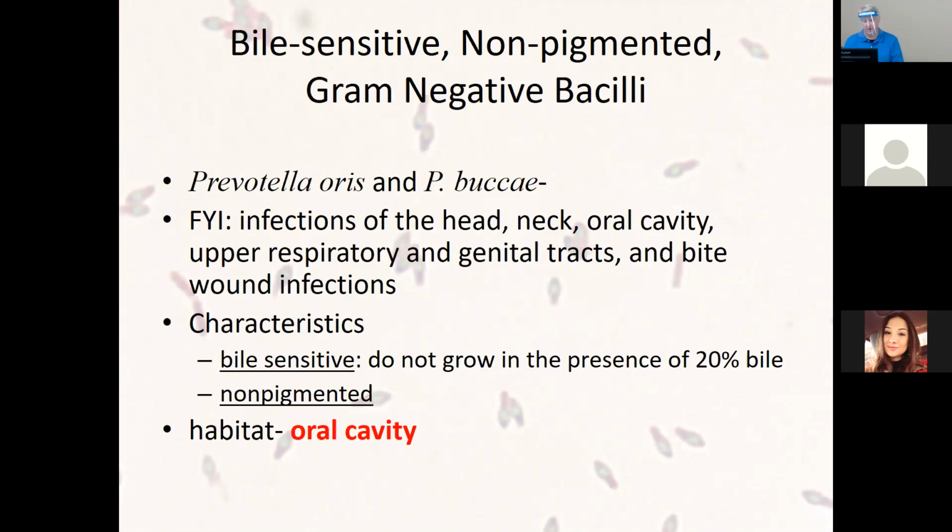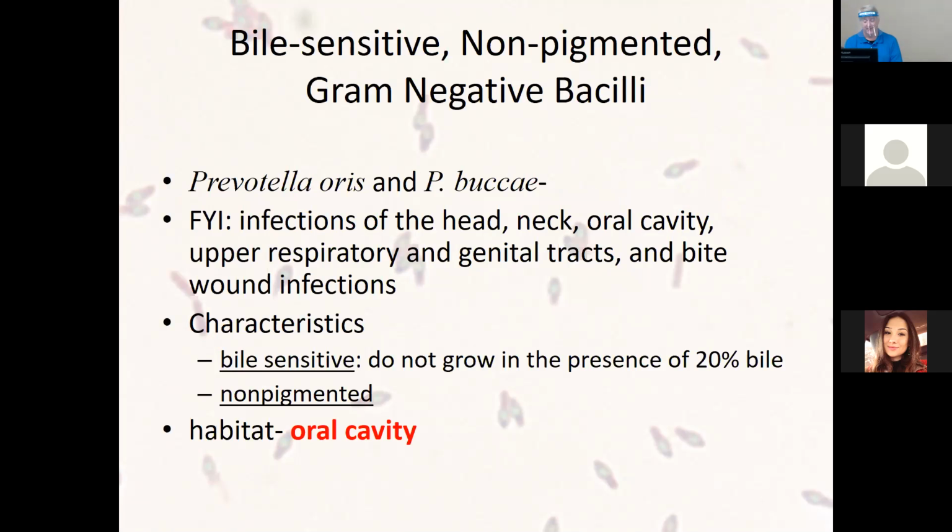The bile-sensitive, non-pigmented gram-negative rods. We've got Prevotella again. Oris is here, and Prevotella. Oh, I got Oris right, I was thinking of the other one.